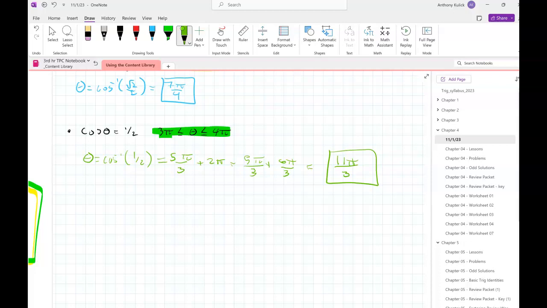How do you guys feel? Is this okay so far? It's not too bad. Again, the ideas that we're going through right now are really important. It gets more complicated as we go, but this is the foundation of everything that we're going to do in this chapter. If we're doing okay here, it makes what we do moving forward much, much simpler.